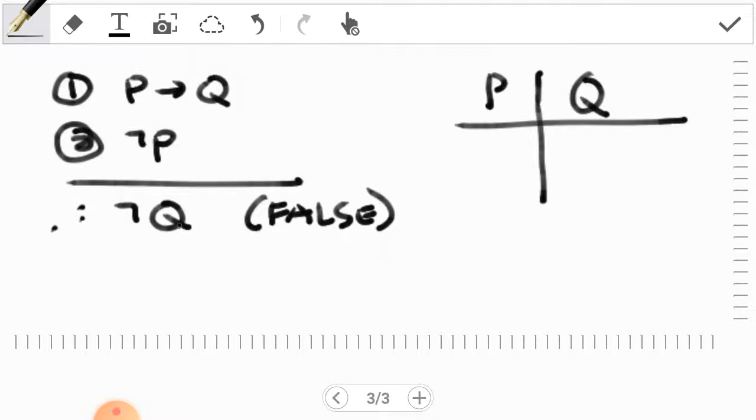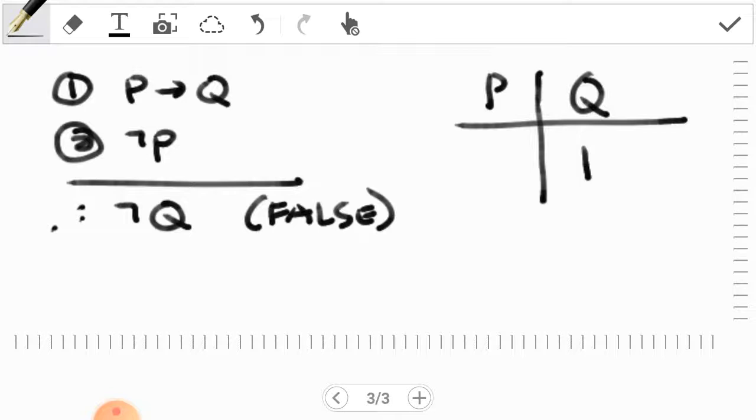Therefore, if we want the conclusion to be false, then the value of Q must be true because our conclusion is not Q. Therefore, if Q is true, then not Q will be false. So, Q is true.